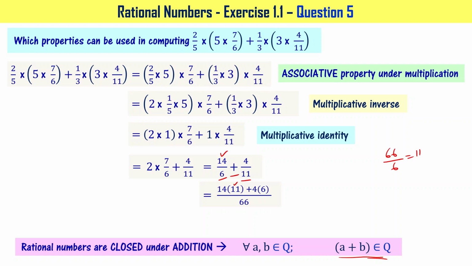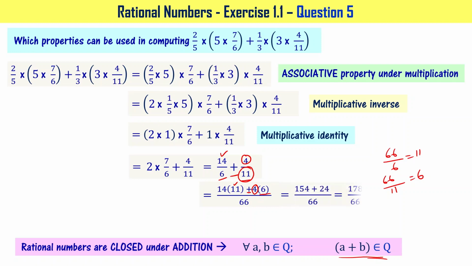Then write plus as is, okay? Then write this 4 here. Then to get this 6, what I have done is 66 divided by this 11. That gives me 6. You got it? 14 times 11 plus 4 times 6 divided by 66.